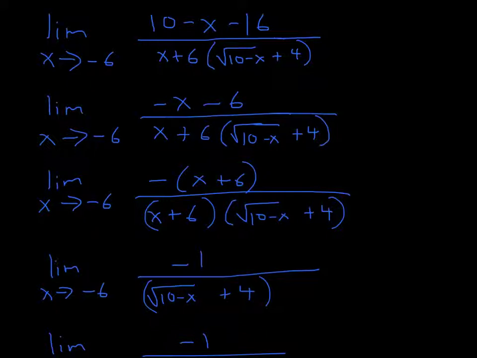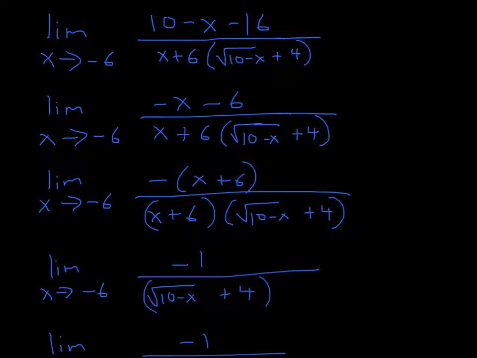Now we continue on, and what I did here was I pulled out a -1, making it x plus 6. If you distribute this, you'll get this answer, because -1 times x is -x, and -1 times 6 is -6. So why I did this is so I can match the numerator and denominator, so both of these will cancel out.